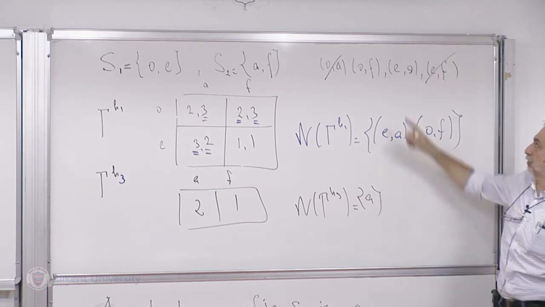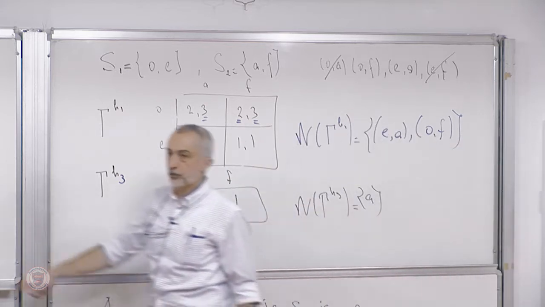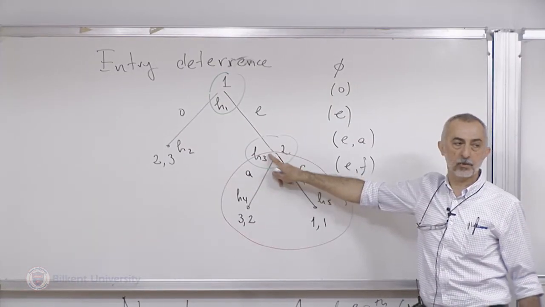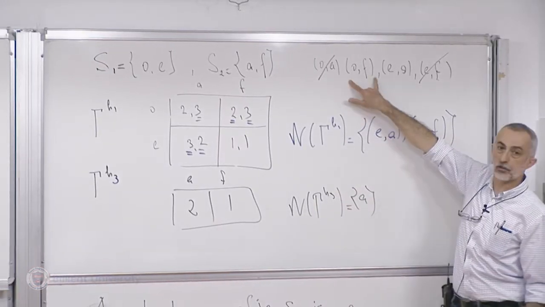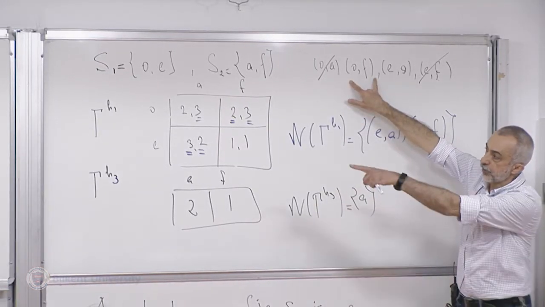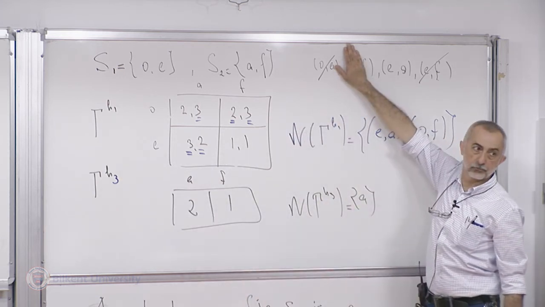And then we look at the restriction of these strategy profiles to this subgame. Well, in this subgame, only player 2 takes an action. So it means that the restriction of this strategy profile to the subgame gamma H3 is just this.